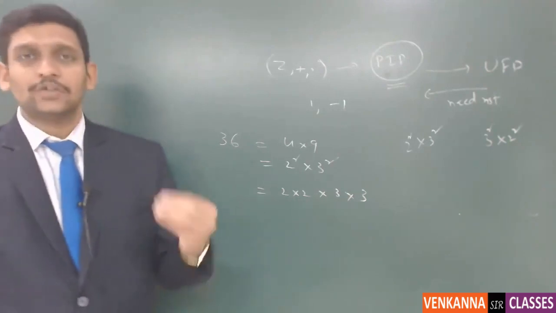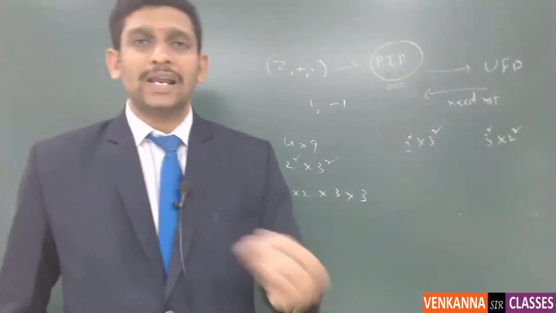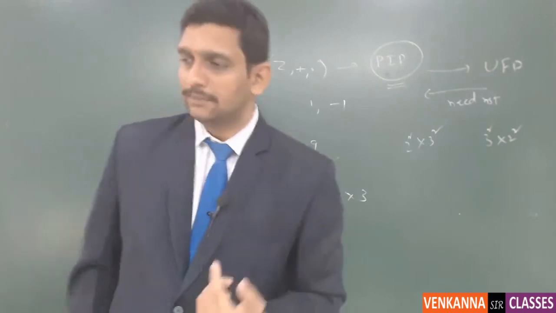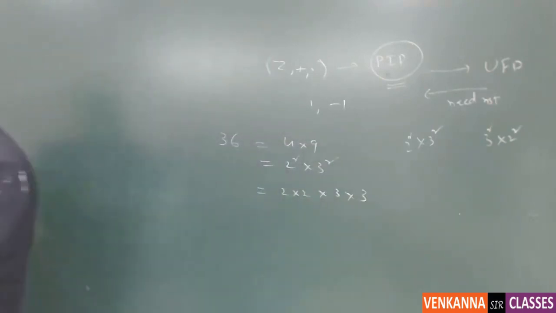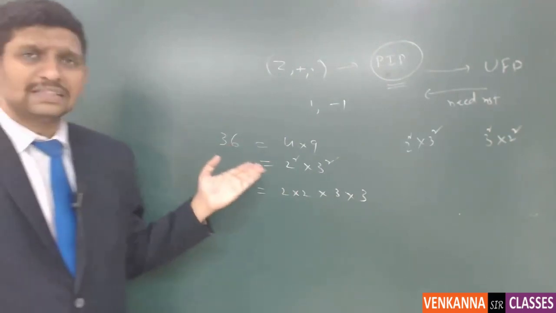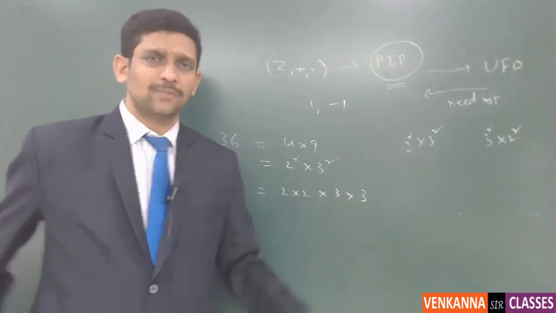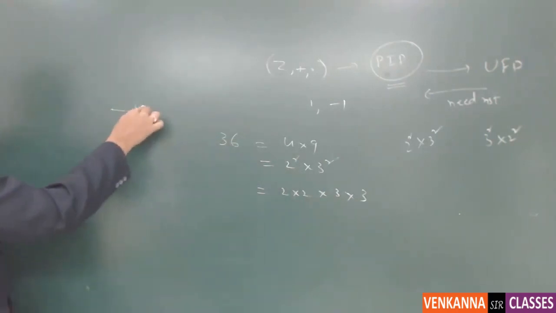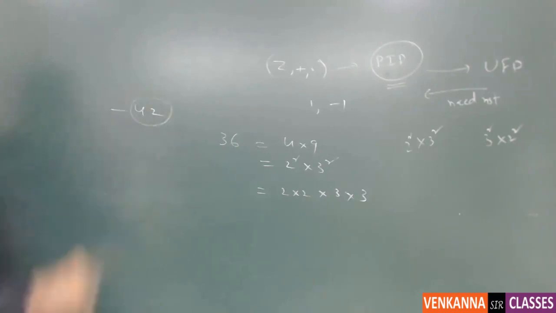Now whenever you take an example, we can correlate all the results on one example. So this is all we talk about the factorization. If you take a negative integer, it is also possible. Suppose you have taken minus 42, let me say. Here 42 is a positive integer.